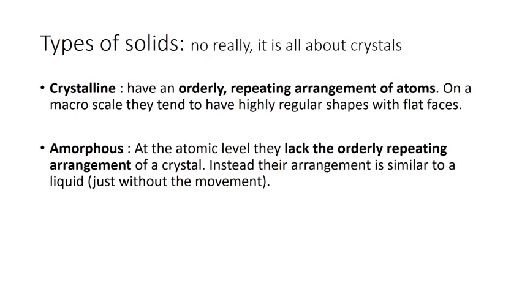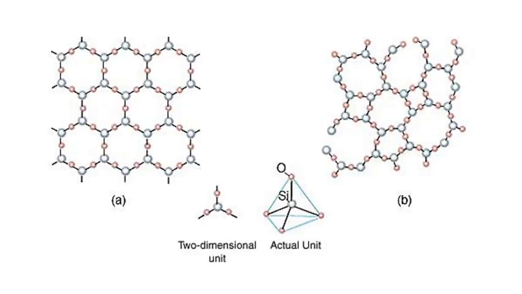So there's two types of solids that we're going to talk about. Solids tend to fall into two categories. They're crystalline, that have an orderly repeating arrangement of atoms, and amorphous, that lack an orderly repeating pattern.